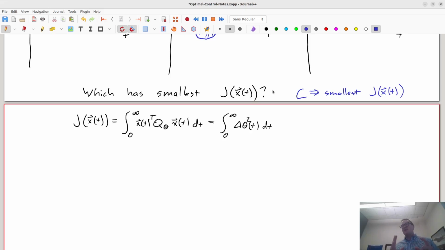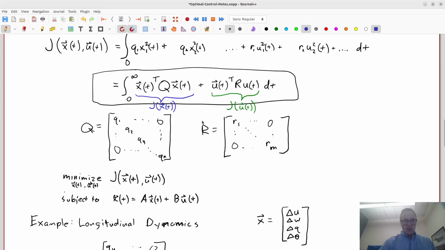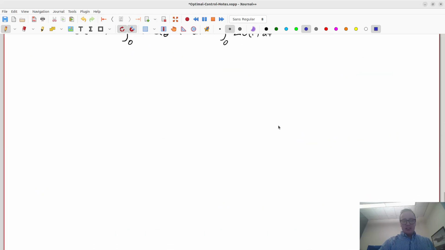Instead of choosing gain values, we now are choosing these Q's and R's. It's not like a free lunch. It's not like we can say, oh, this is the optimal way to control this vehicle. It's just changing the responsibility of the engineer from choosing the gain value K, to choosing these objective weights in Q and R. So we've got this optimization problem right here with this objective function. How do we solve it?